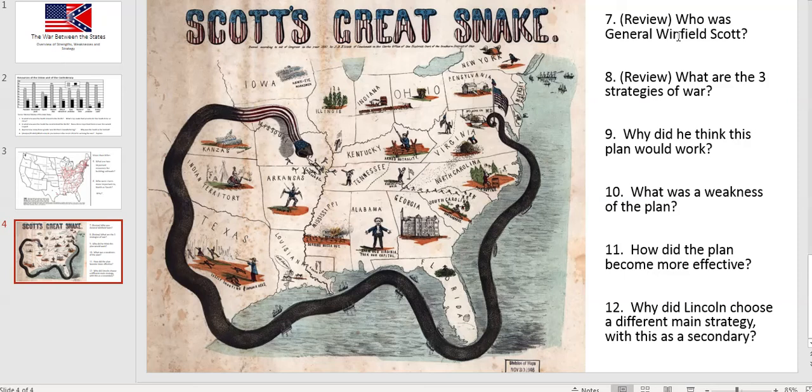He fought in the War of 1812. He fought in the Mexican War. He had a lot of experience. But at the time of the Civil War, he was too old to get out from behind the desk. He had the mind, but he didn't have the body anymore. He said that the greatest officer that he saw in the Mexican-American War was Robert E. Lee, and that's why he recommended to Lincoln that Lee be asked to be the commander of all the Union forces.